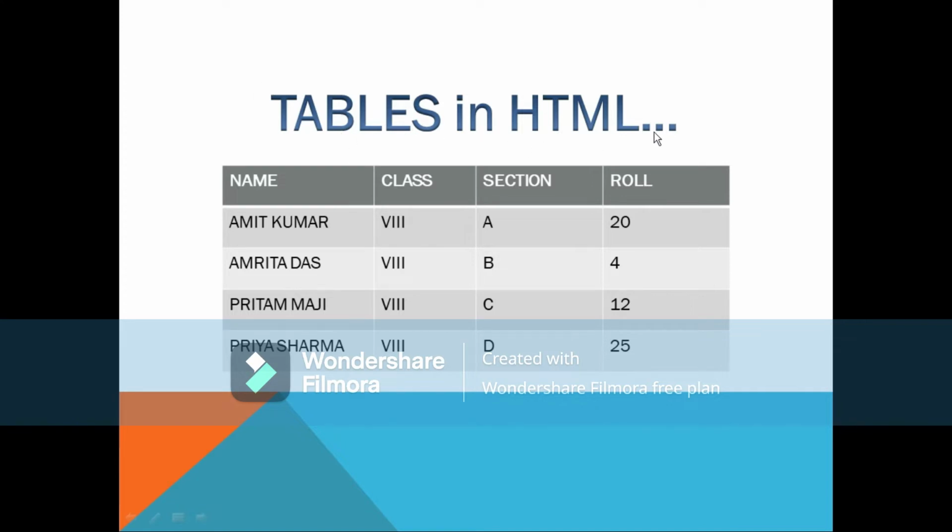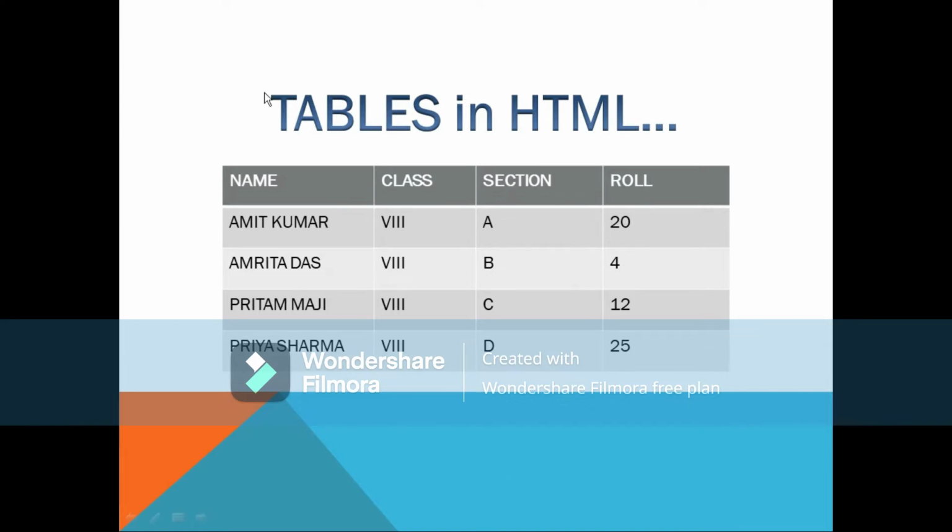So the heading which I provided, that I will write under the caption. Here the individual field name I will write under the table header, and this data I will write under the table data or under any table row. This is the table row. These are the individual table row. Under that we will have the table data. These are the table data.